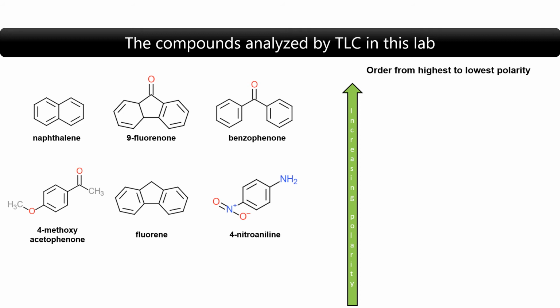In today's lab, we're going to look at the separation of 6 different compounds using the thin layer chromatography technique. The 6 compounds we're using are naphthalene, 9-fluorenone, benzophenone, 4-methoxyacetophenone, fluorene, and 4-nitroaniline.